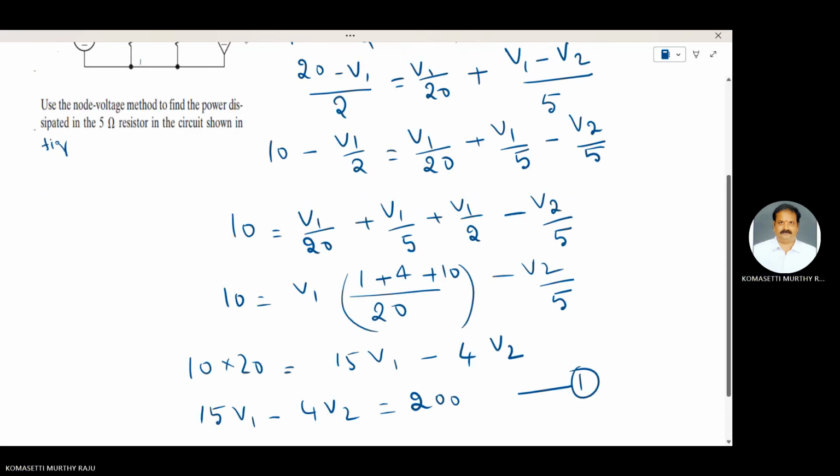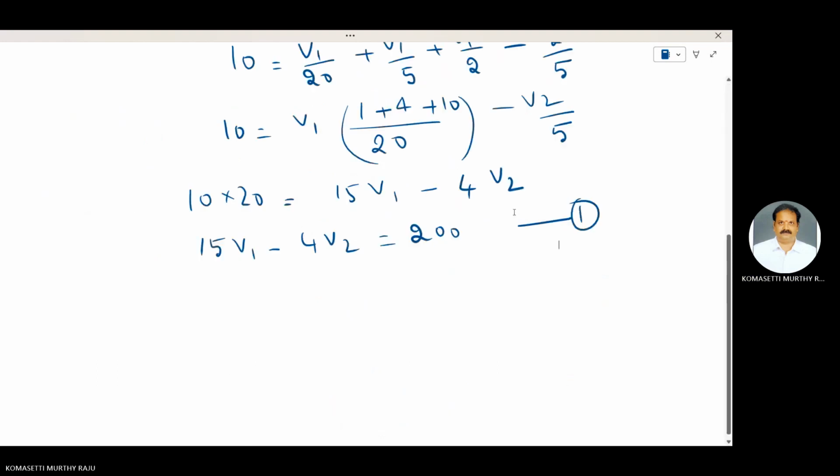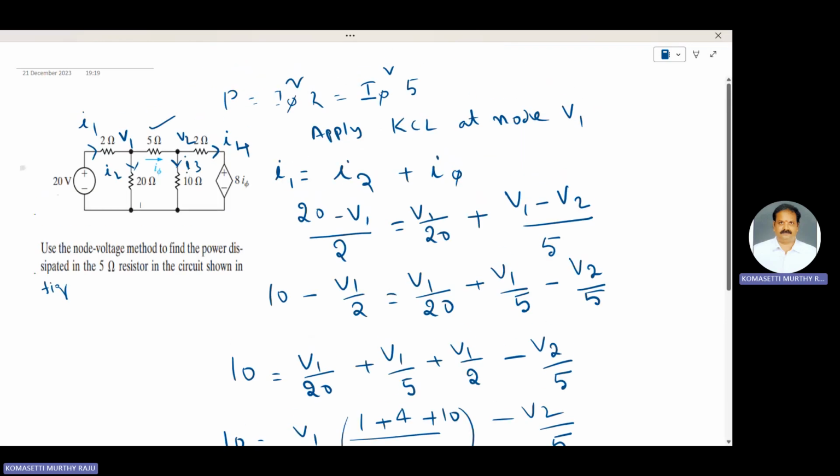Now apply KCL at node V2. That is, I5 is equal to I3 plus I4.